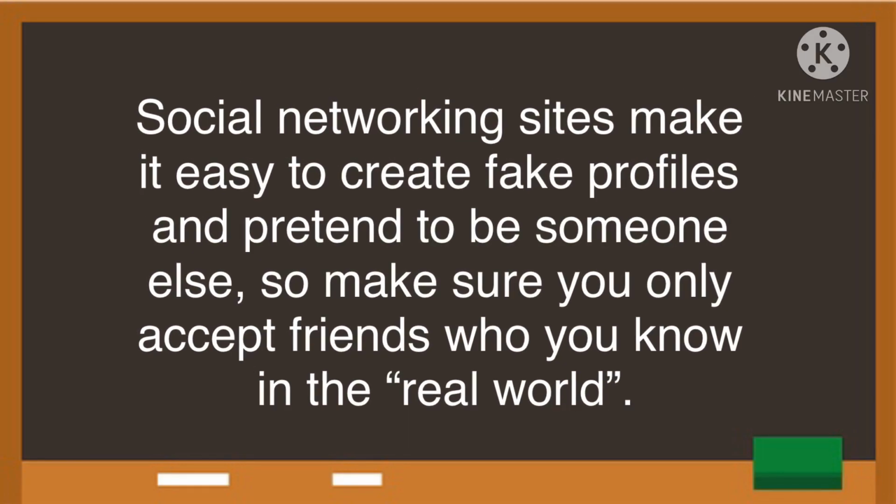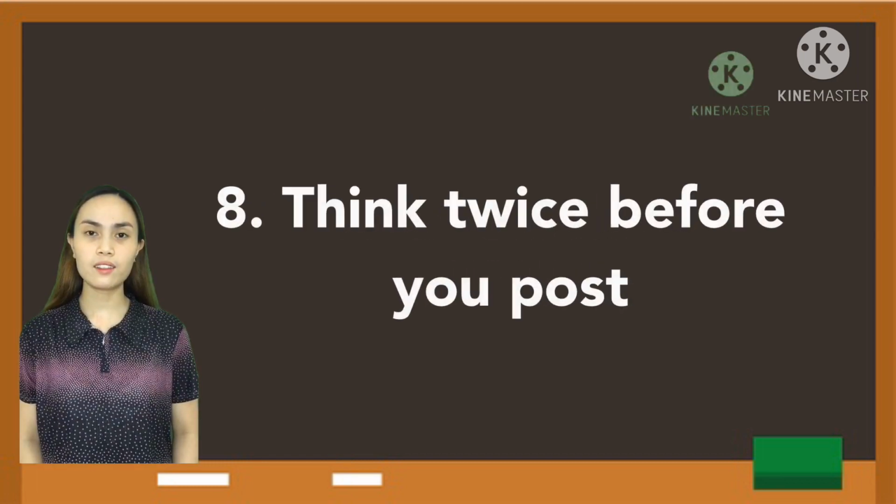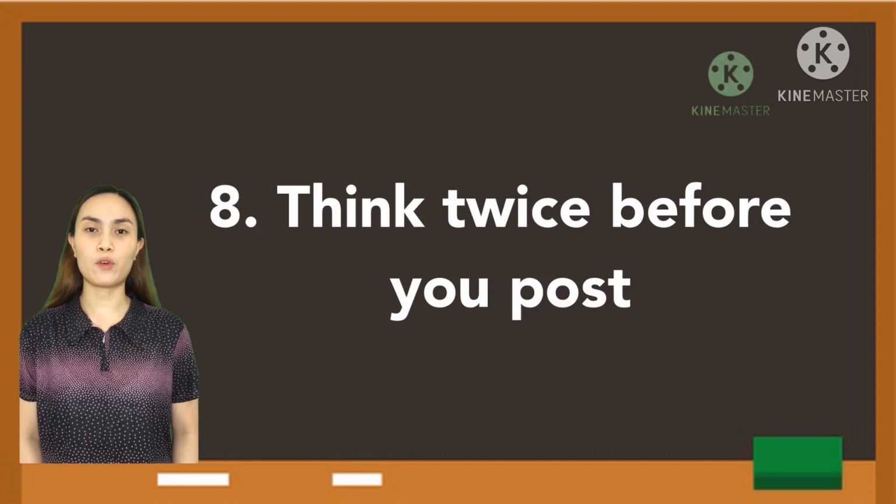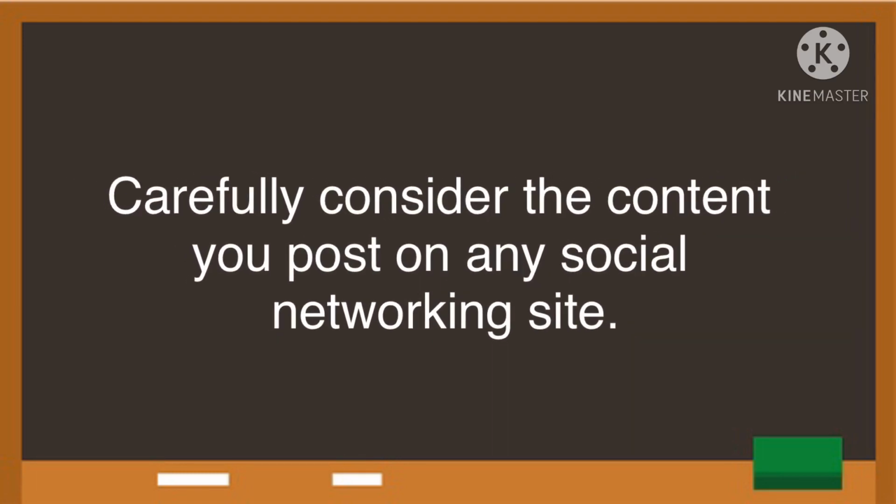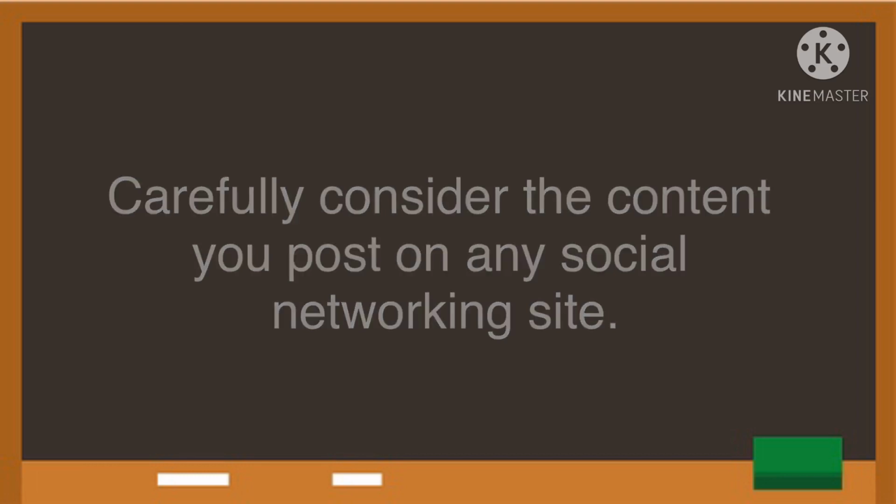Social networking sites make it easy to create fake profiles and pretend to be someone else, so make sure you only accept friends who you know in the real world. And eighth, think twice before you post. Carefully consider the content you post on any social networking site.